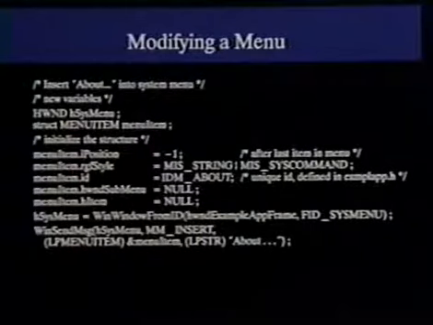Once we've created that structure that describes the item in the menu, the next thing we need to do is find the system menu. The system menu, that little box that looks like a one-slot toaster up in the upper left-hand corner of the application, is a window itself.